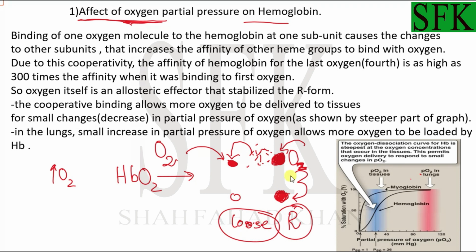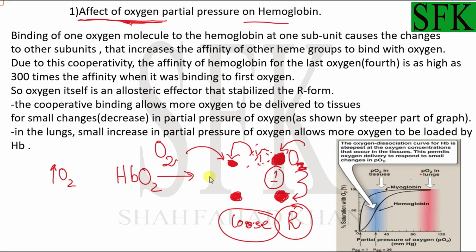So again, this is an allosteric effect of oxygen. Binding of oxygen at the first heme group affects the binding of oxygen to the adjacent and subsequent heme groups. So an oxygen molecule got attached to one site on the hemoglobin structure, but it affected the property of the remaining three heme groups to accept oxygen.